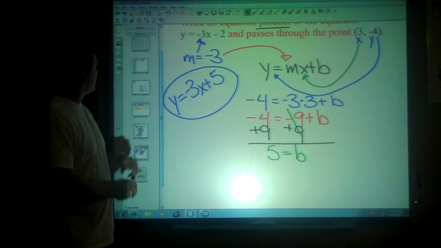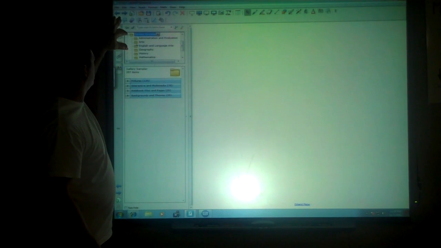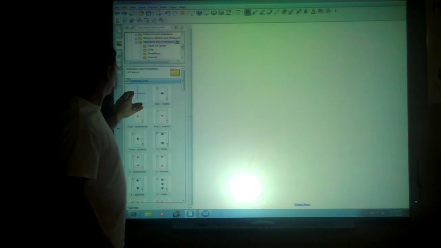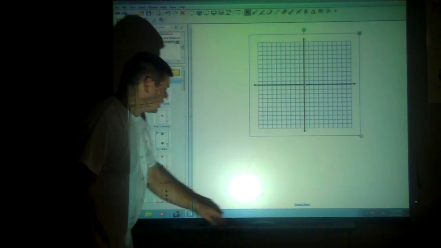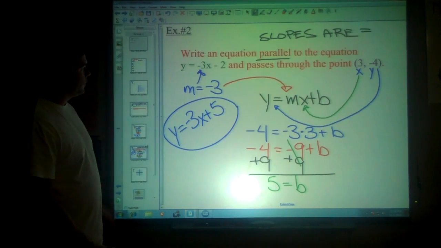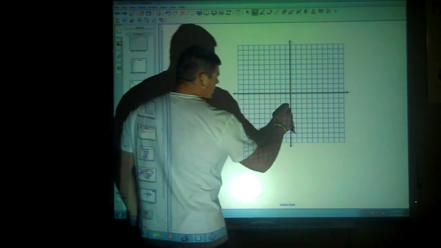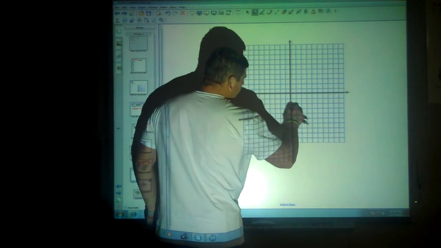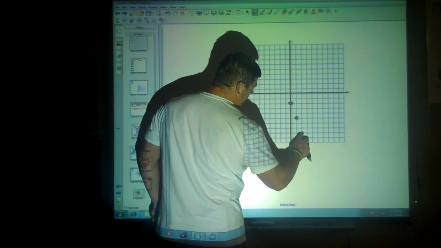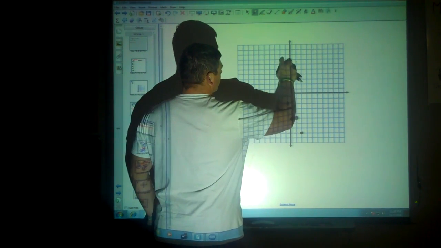Now, if we wanted to make a graph of it, we could. Quickly grab a piece of graph paper. Alright, the first equation that I had was -3x minus 2. So -3x minus 2 would be right here at -2 for the y-intercept, down 3, right 1, down 3, right 1, or up 3, left 1, up 3, left 1, up 3, left 1.